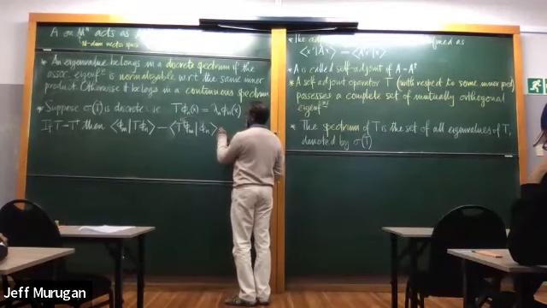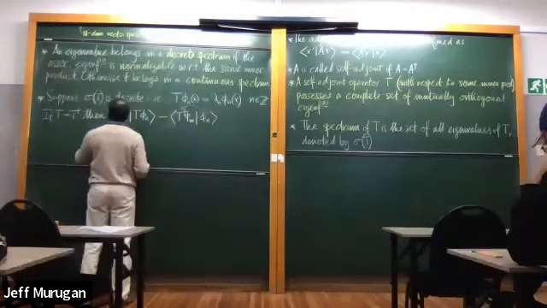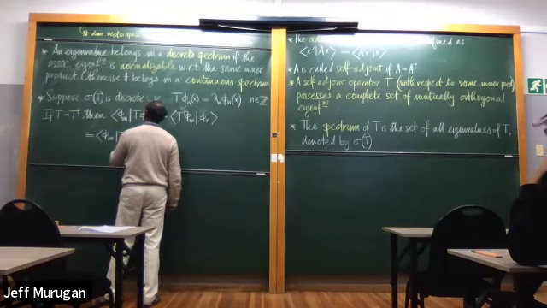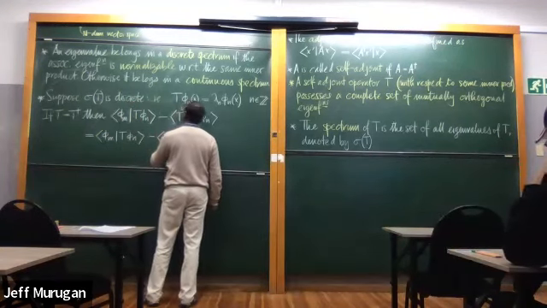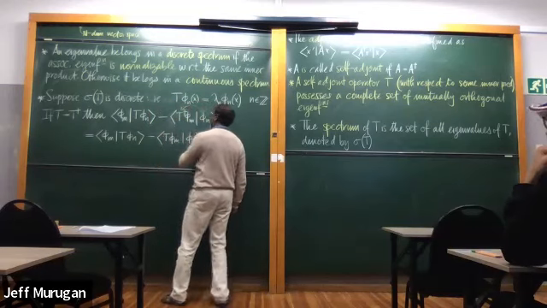These two are the same thing. And this is equal to inner product phi_m, T phi_n minus inner product T phi_m, phi_n.